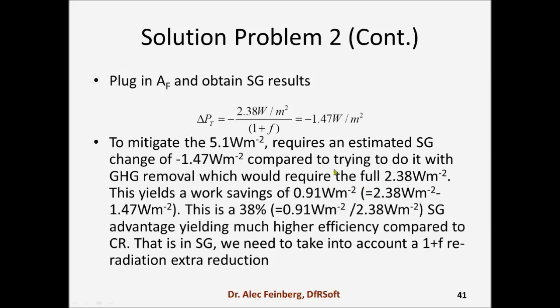But if you wanted to do this by greenhouse gas removal, you would have to come up with 2.38 watts per meter squared, because only one thing happens. You're just removing greenhouse gas. So looking at that difference, that turns out to be about a 38% savings. Okay, so that shows you that there's a solar geoengineering advantage.